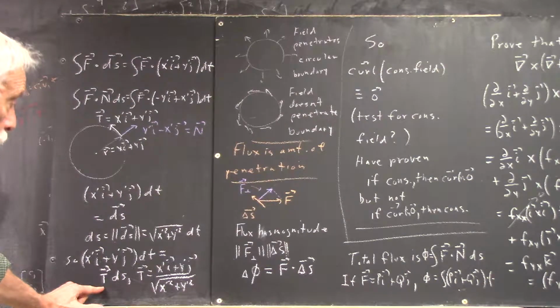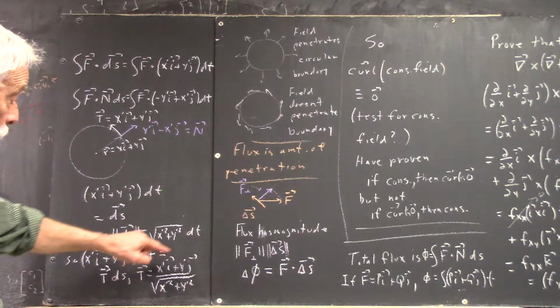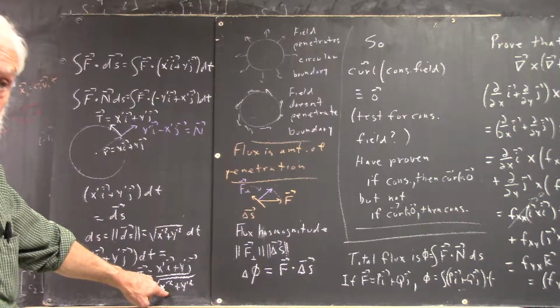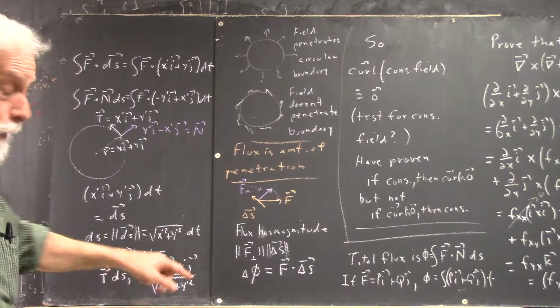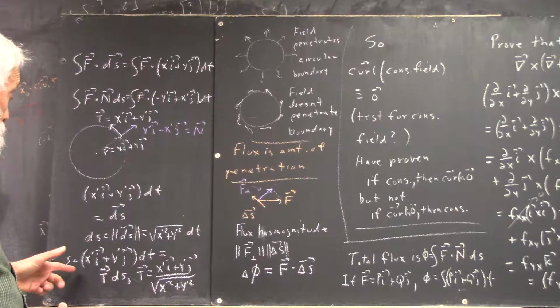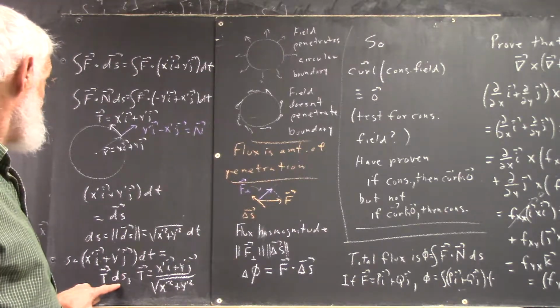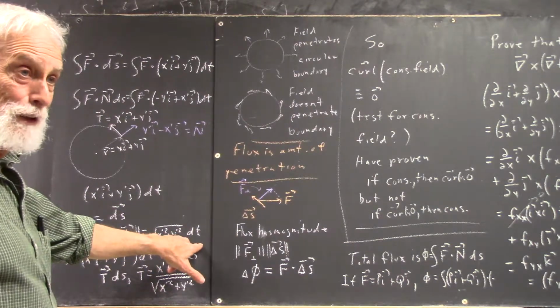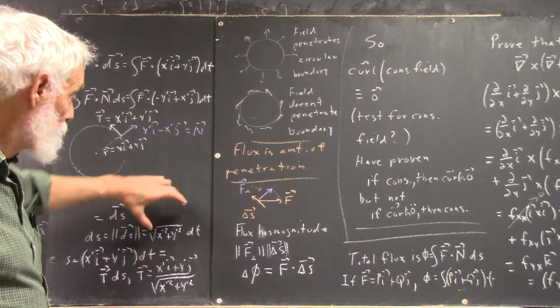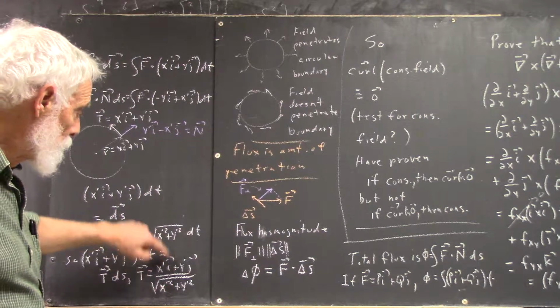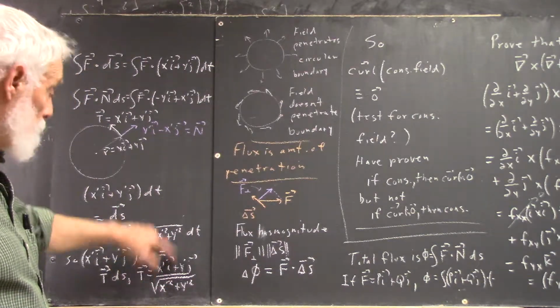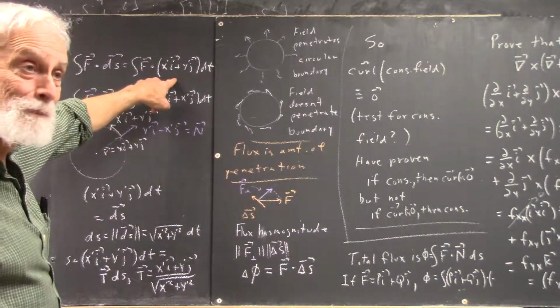T is your unit tangent, x prime i plus y prime j by the magnitude thereof, right? So now you have a unit tangent, which you multiply by your ds, which is this, right? Clearly, when you multiply this by this, the square root of x prime squared plus y prime squared divides out, and you end up with this.